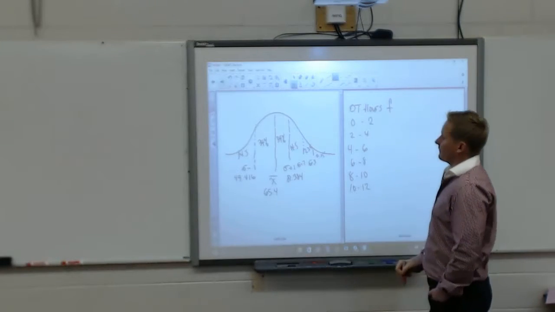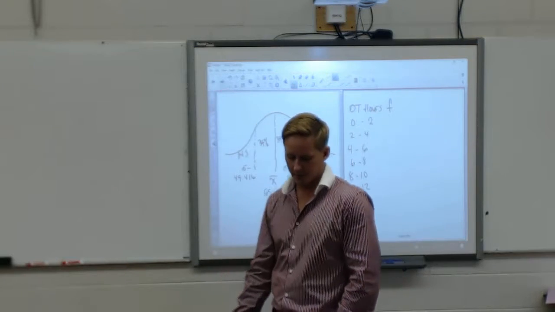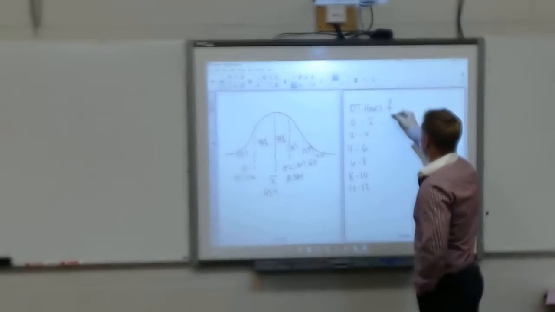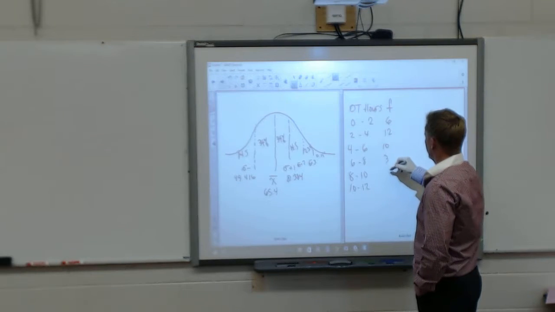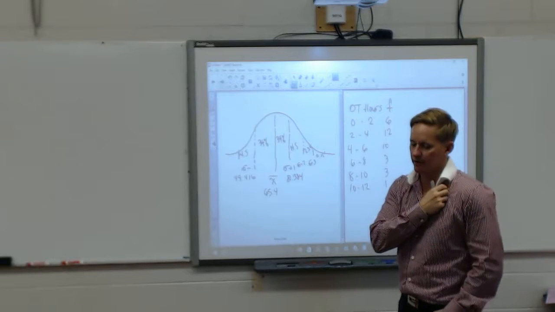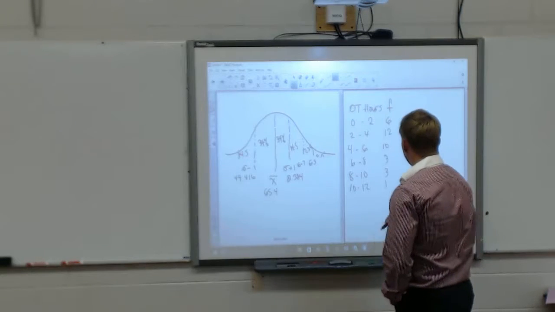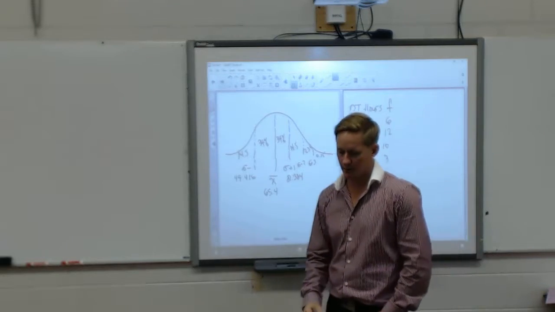So now what they did is they found the frequency that occurred. So the frequency was, read those out to me, 6, 12, 10, 3, 1, 1. Okay? So that works out to be 35 employees, right? That's a total of 35 employees.